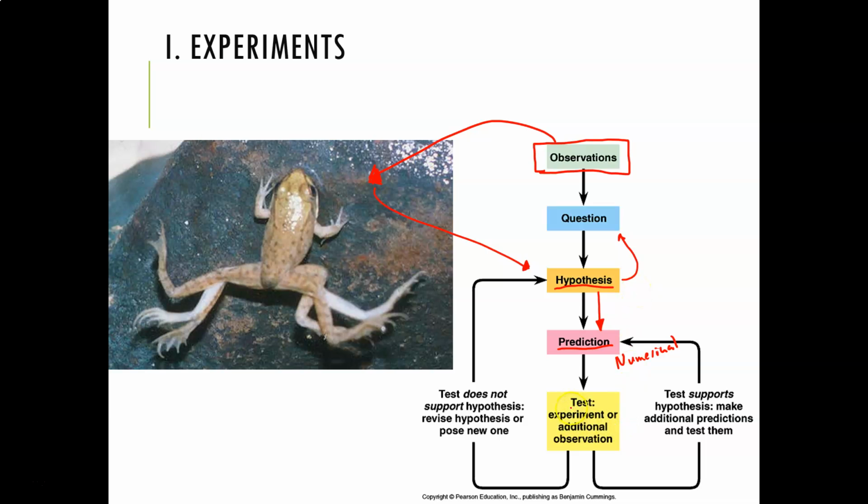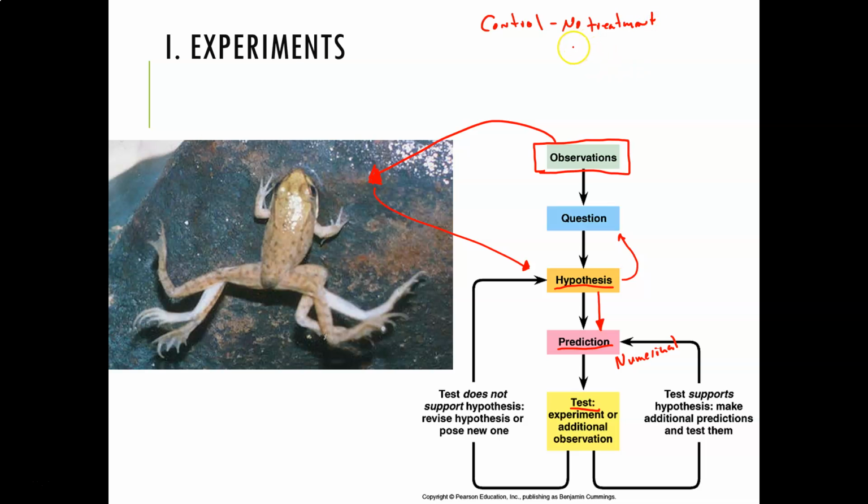So then the next thing we would do is actually set up a test. And when we set up a test, normally we're going to have what we call a control group. This group is going to receive no treatment.